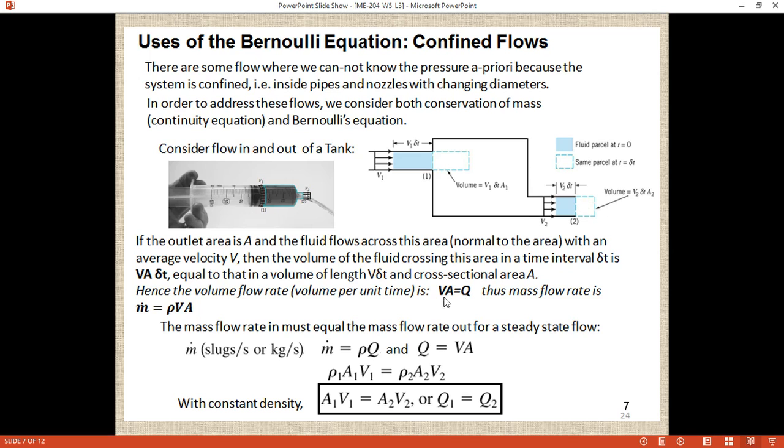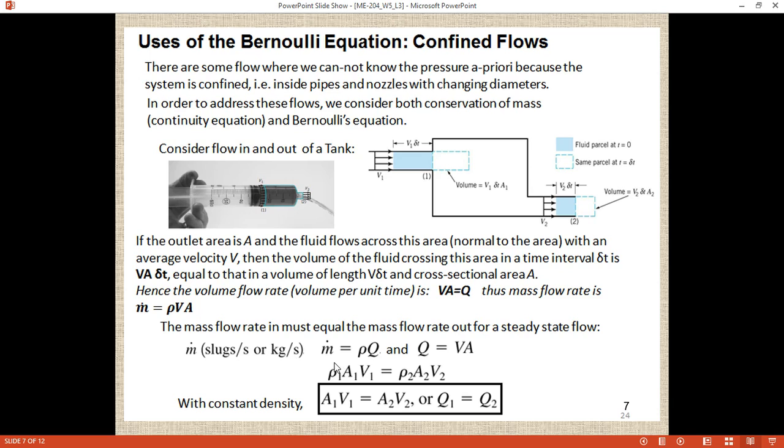So the volume flow rate is v A equals Q, and the mass flow rate is m dot equals rho v A. If you multiply the volume flow rate with density, you get the mass flow rate. Mass flow rate we calculate in the SI system in kilograms per second, and in the CGS system in grams per second.